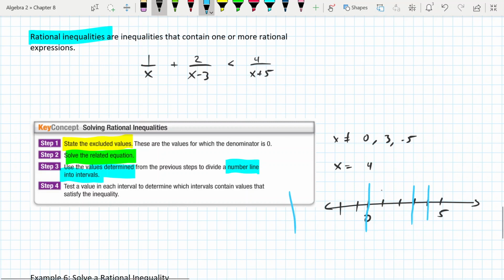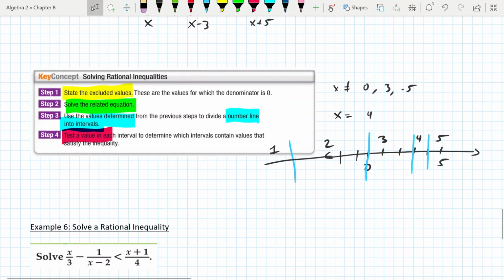So now you can see that there are 1, 2, 3, 4, 5 regions where solutions might exist. So then we just have to check each one of those regions to see if it makes the original inequality true or not. That's all it is, we just have to test values in each of the intervals. You'll see what that looks like here in a second.